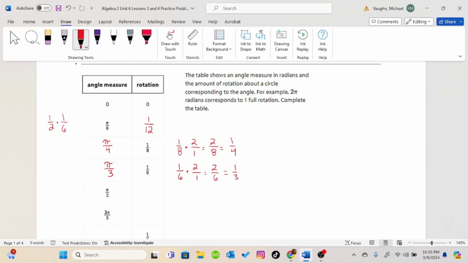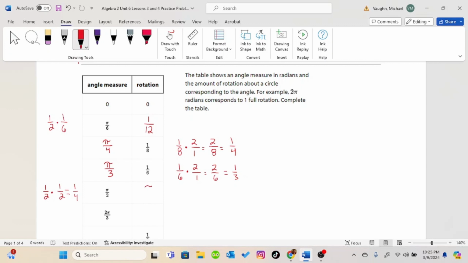Now we're going the other way again. We have pi over 2. We're going to multiply that by 1/2. That equals 1/4.